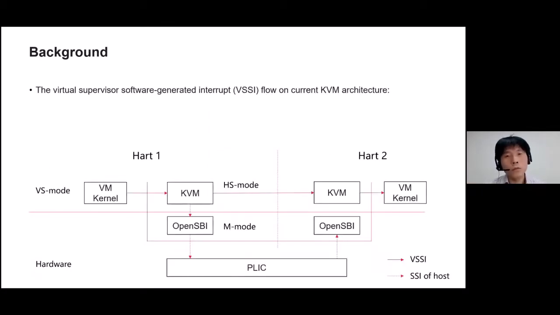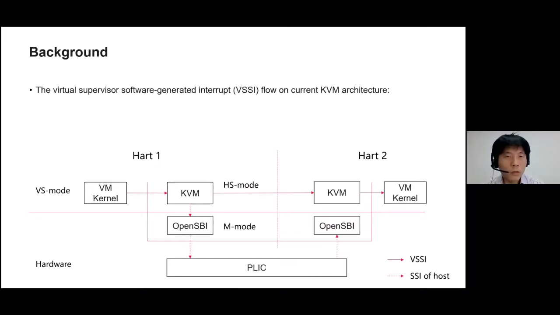The virtual software generated interrupt is shown here. To send the virtual software generated interrupt, the guest VM needs to call the emulated SBI by the KVM, which causes a trap to the host. The host saves the interrupt for the other vCPU and notifies the hart that the other vCPU is running on. To perform the notification, the host needs to call the real SBI, which causes another trap to machine mode.